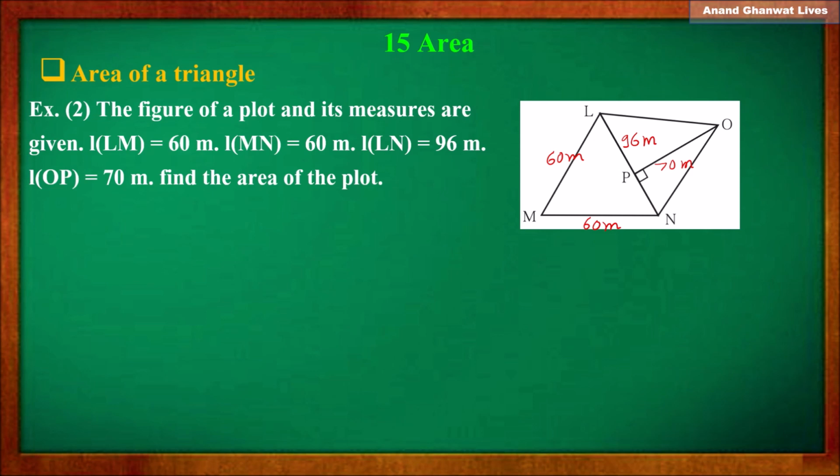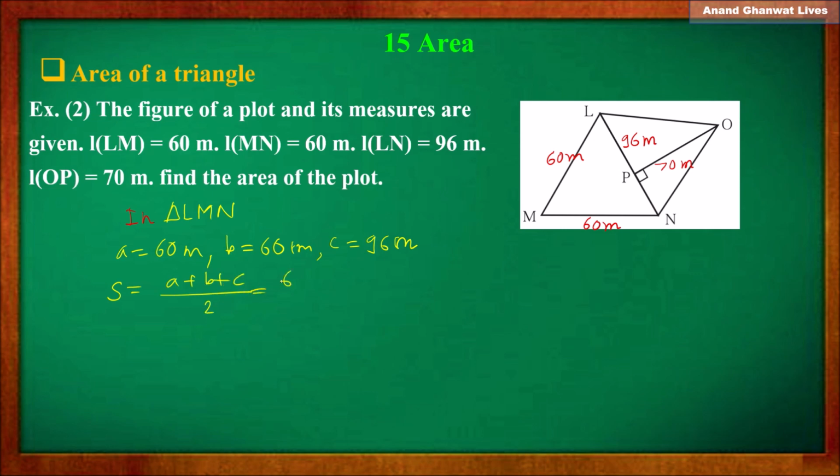So in triangle LMN, a is equal to 60 meters, b is equal to also 60 meters, and c is equal to 96 meters. So s is equal to a plus b plus c upon 2.